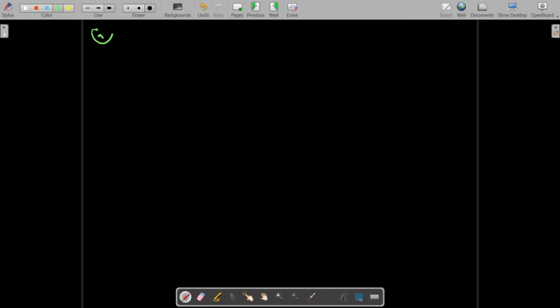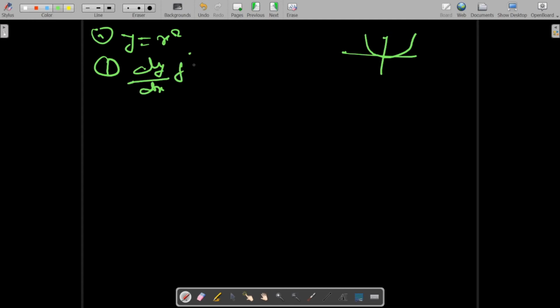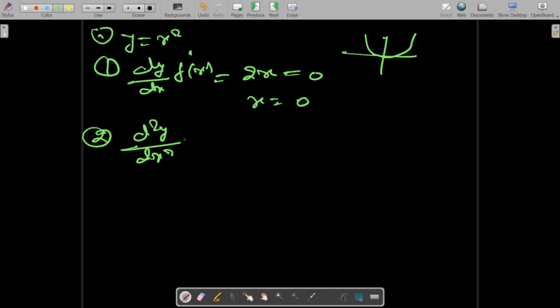This is y equal to x square, and the graph is this. The first step is to do dy by dx or f dash x, which is 2x, equate to 0, so x equal to 0. So the first step is giving 0. Then go to the second step and do the second level derivative, d2y by dx square, which is 2, and 2 is greater than 0.